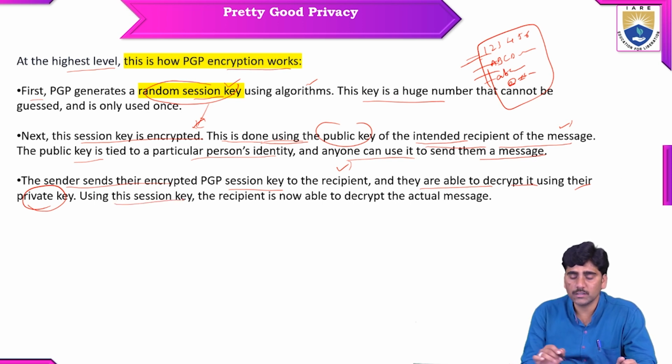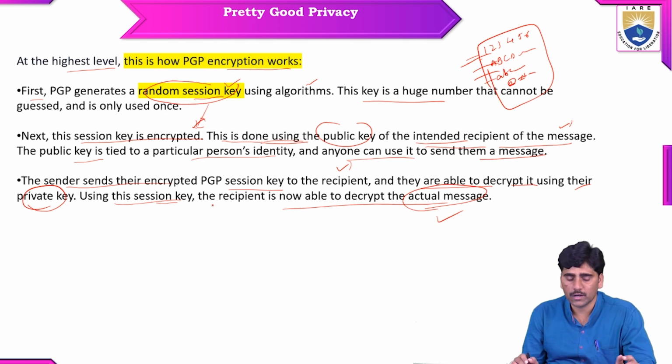Using this session key, the recipient is now able to decrypt the actual message. So that is the use of the session key and the public and private keys. By providing this encryption process, the data transferred from source to destination, or mail 1 to mail 2, is safe and secure.